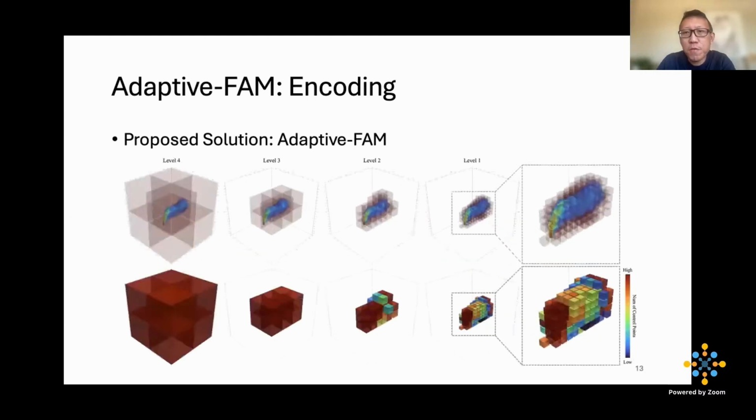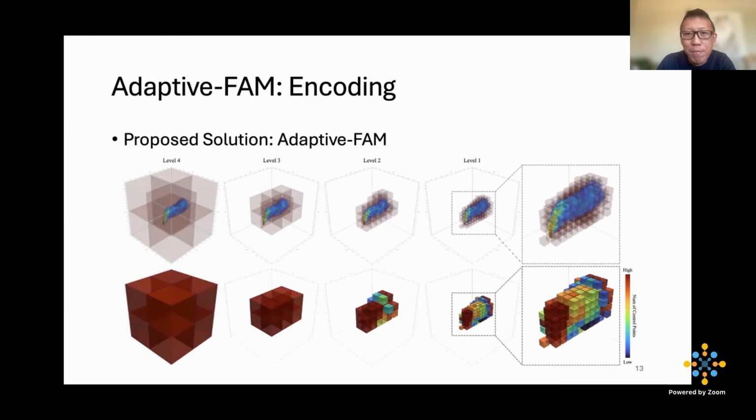This figure shows the adaptive FAM encoding results on a real scientific dataset. The first row shows the regions that need in-level encoding for each level of detail. We can see that only a portion of the entire dataset requires such expensive operation.